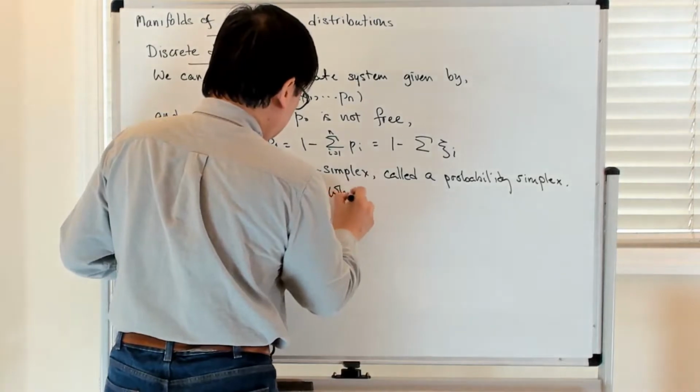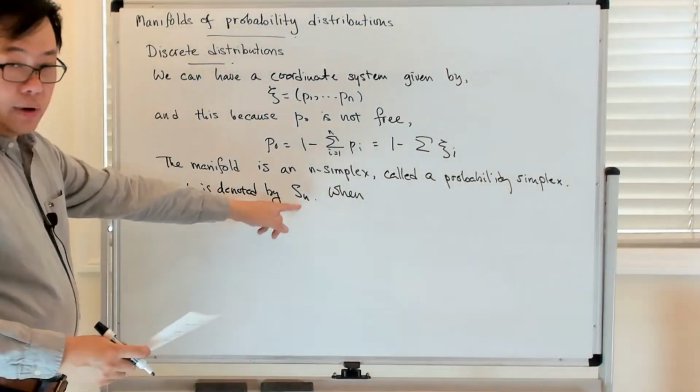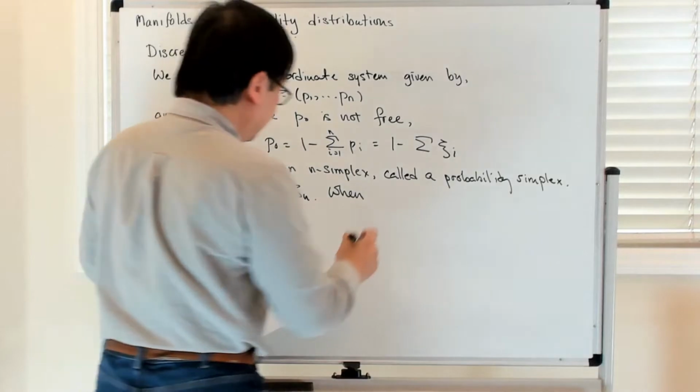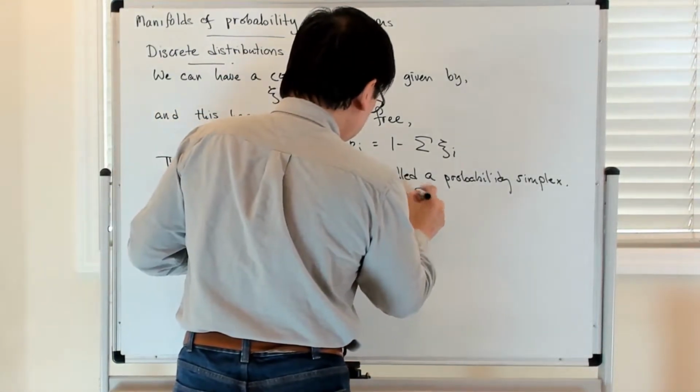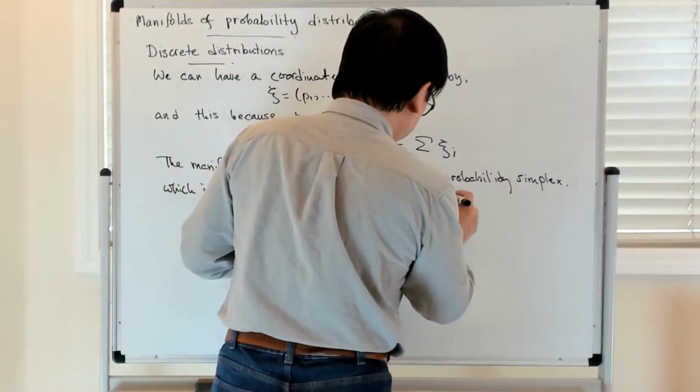Okay, so let's try to think about what some examples of this are. So when n is equal to 2, S_2 is the interior of a triangle.